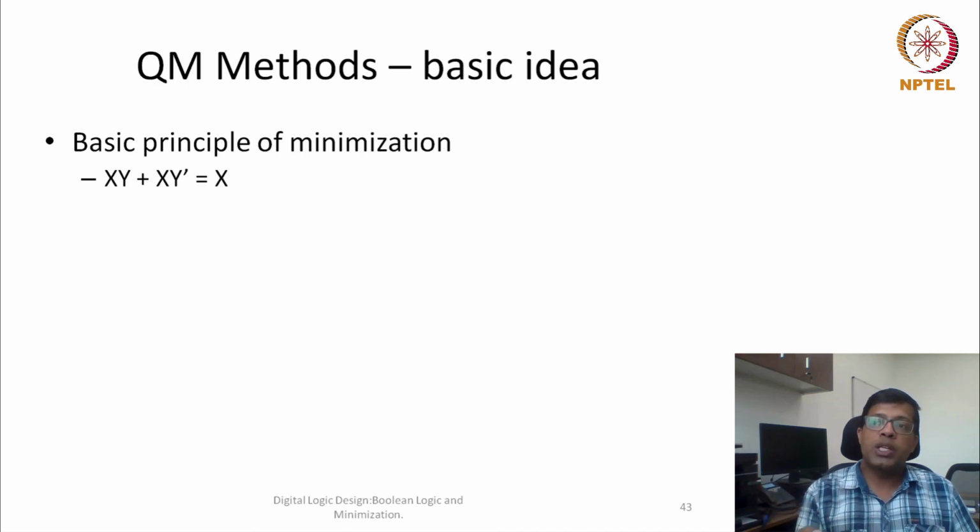This x could be one variable or a set of variables, but essentially, if in two terms one particular variable is present in both complemented as well as original form, then that variable can be eliminated. So this is the basic idea.